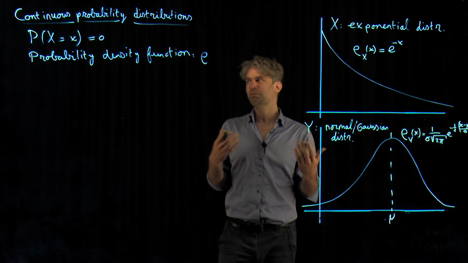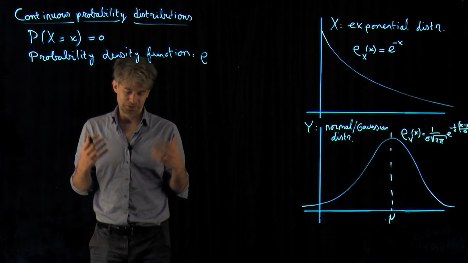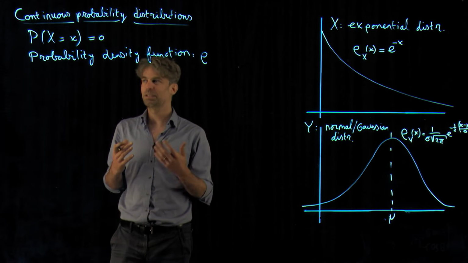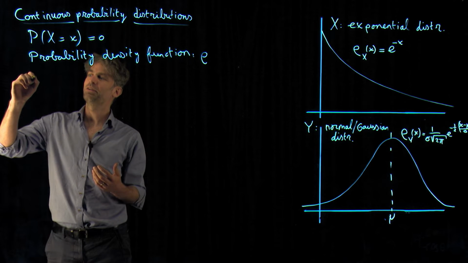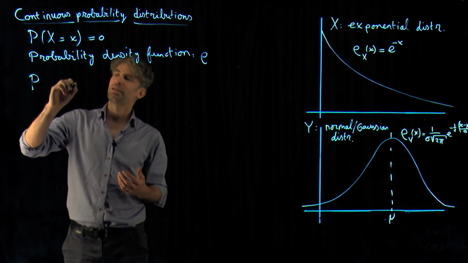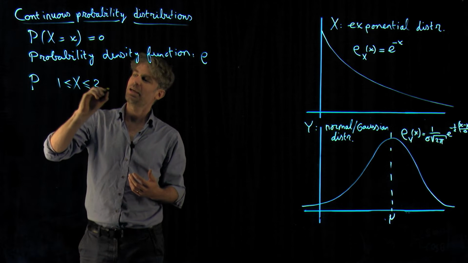So suppose then that I would like to know what's the chance that I have to wait a certain time between 15 and 30 minutes, that is between 1 and 2 quarters of an hour. So that would be the probability that x is in between 1 and 2.